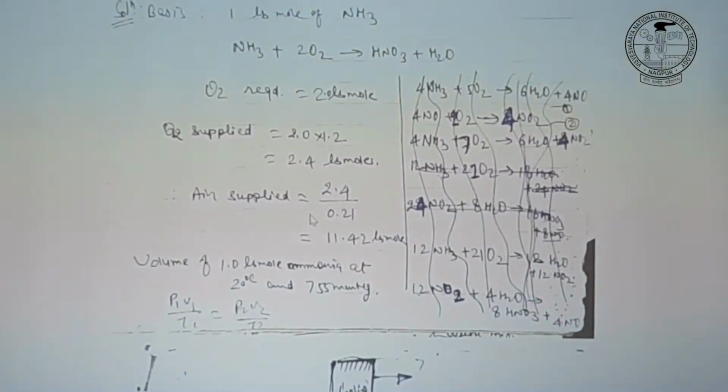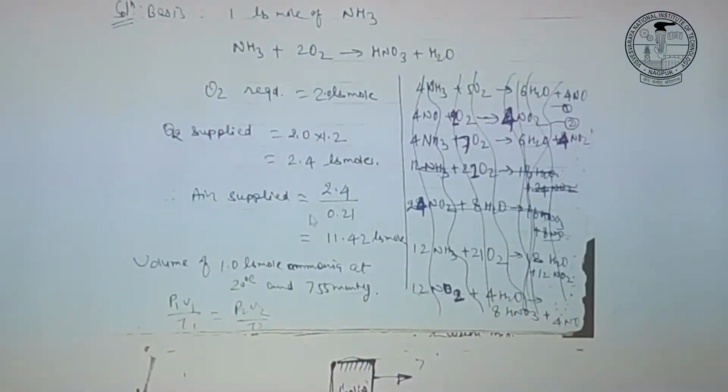Again, oxygen generally is not available in pure form, so wherever oxygen is required in industry, we supply air. However, if you supply the entire air instead of oxygen, the nitrogen will take away heat and other things, and the exhaust gases will be more, so we need to handle all those.